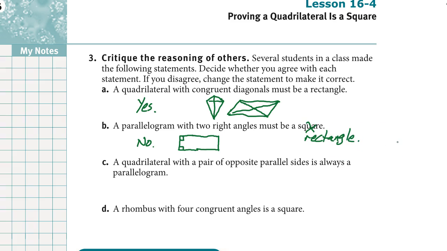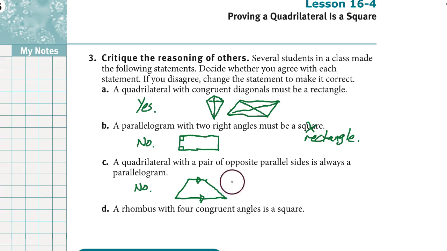Please try question C on your own. This one here, we need to say no, that we disagree with this. If we have a four-sided shape and there's one pair of opposite parallel sides, the shape could look like this, where the top is parallel to the bottom. But if the other sides are not parallel to each other, then it is not a parallelogram.